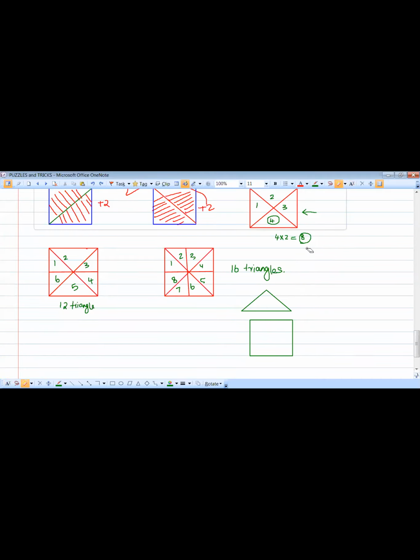So you forget about this diagram. Okay, so let me draw the triangle here.